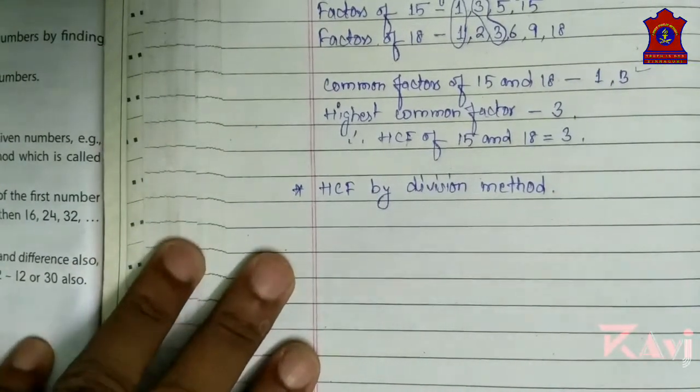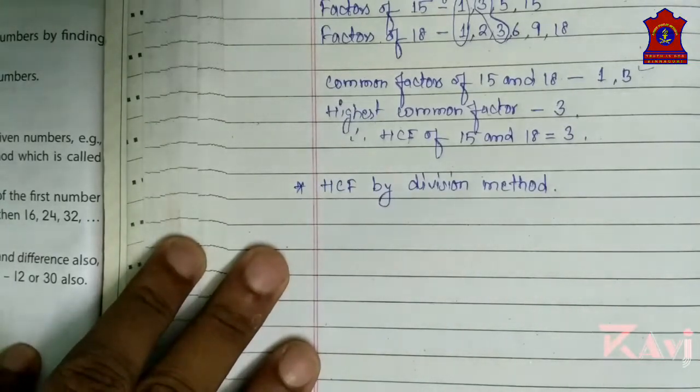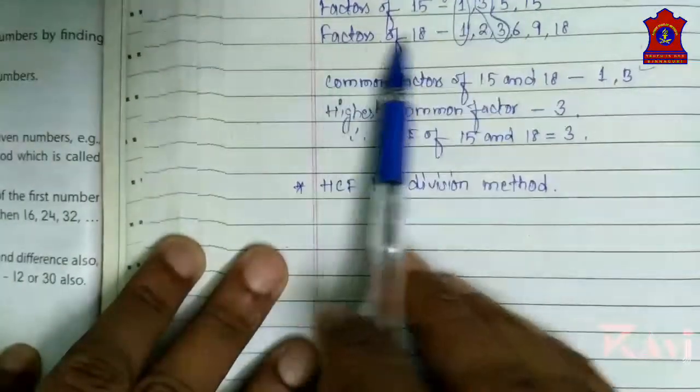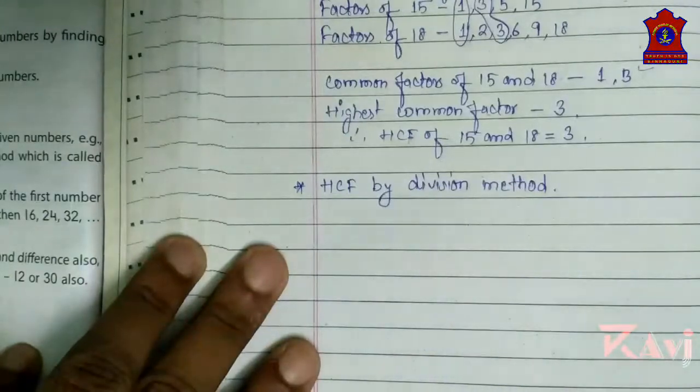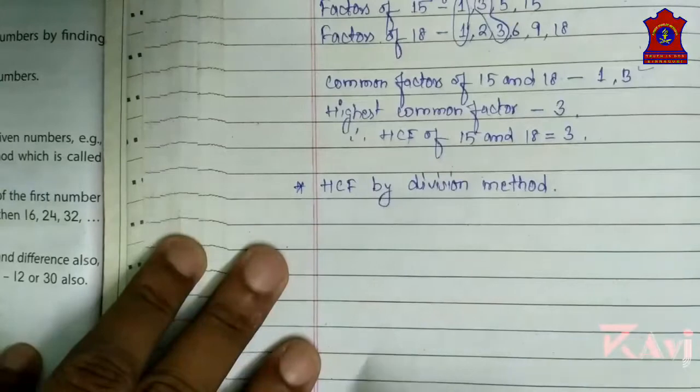First of all, it is difficult to find the common prime factors of a given number. Like there are two big numbers like 2000 and 3000. It is a little difficult for you to find out the common factors. In this case, we are using another method. We are not going to use this method of finding factors. We are going to use another method, which is HCF by division method.